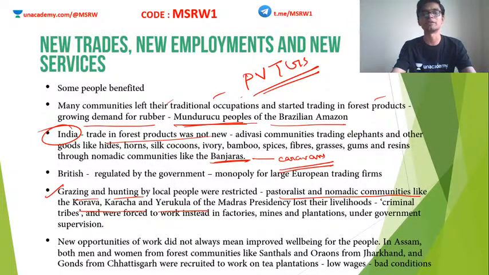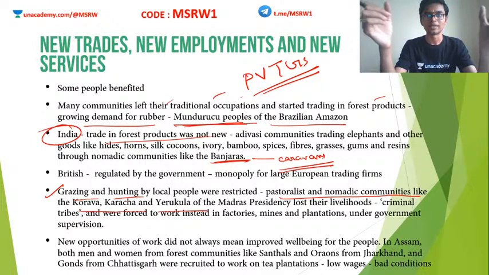So these PVTGs are the so-called criminal tribes, the people branded as criminal tribes by the British. When they lost their livelihood, these people started to look for new opportunities. They went to other areas, other states, other parts of the country, and even other countries in search of new jobs. They got jobs, but those were not always of high quality. They had to live in misery.